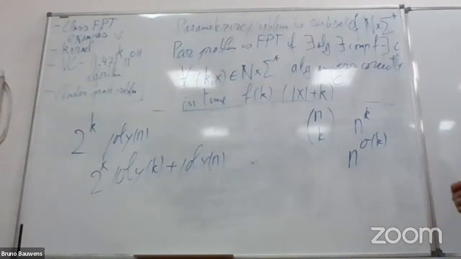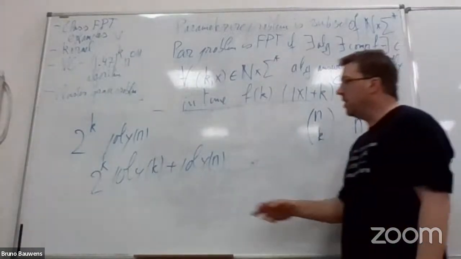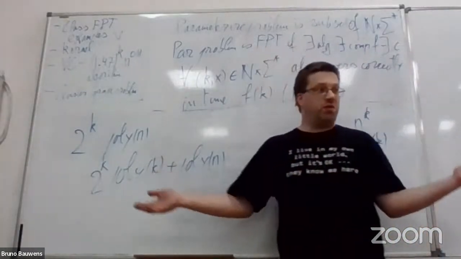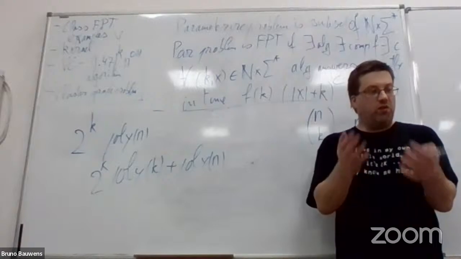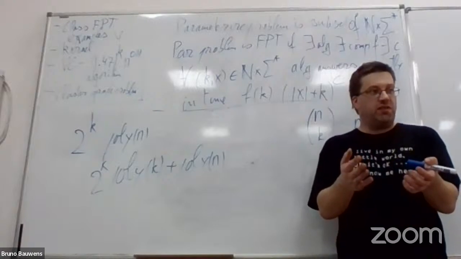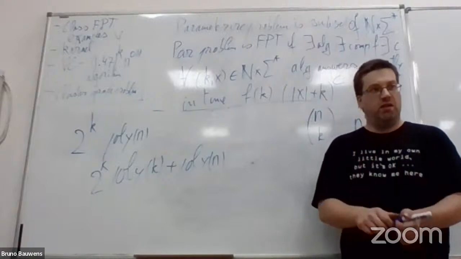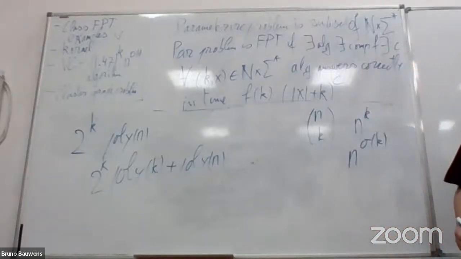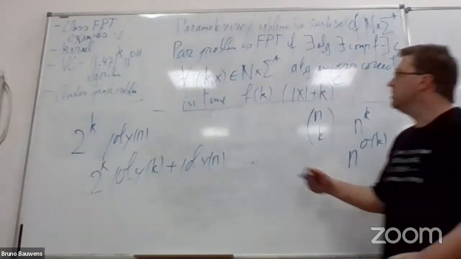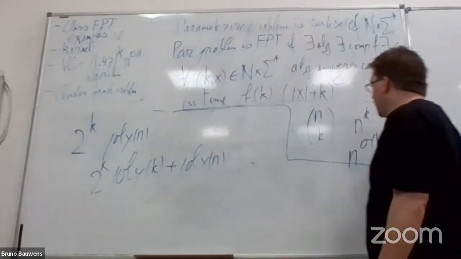And why is polynomial of n smaller than polynomial of k? If the graph is huge, but you still want to find a vertex cover of size 100. Sorry, this was what I was just telling before.